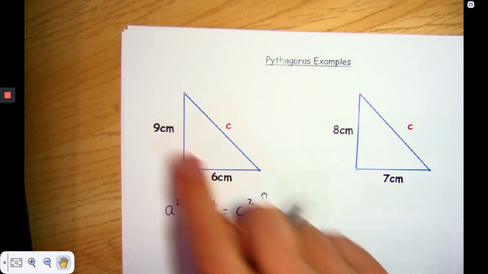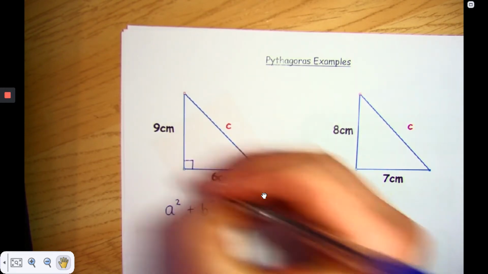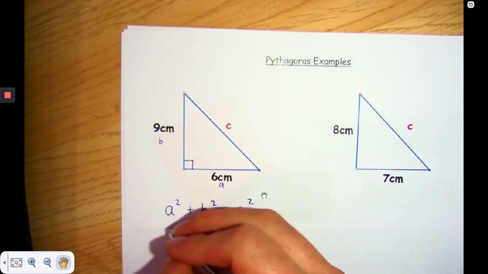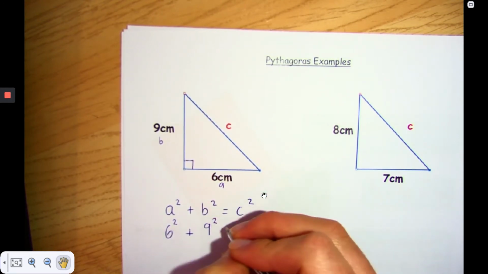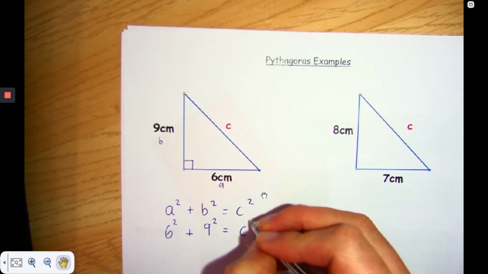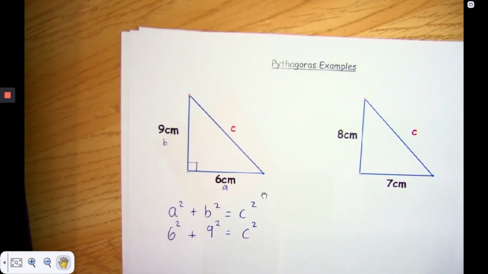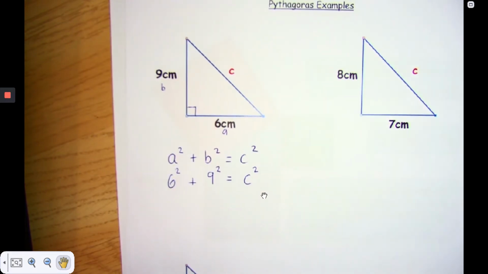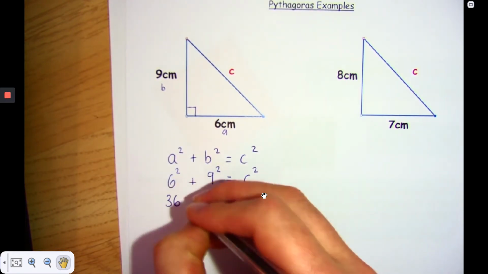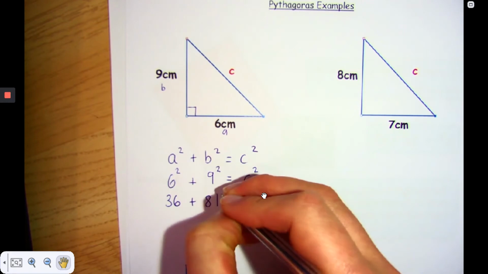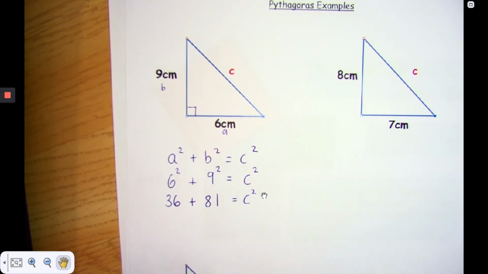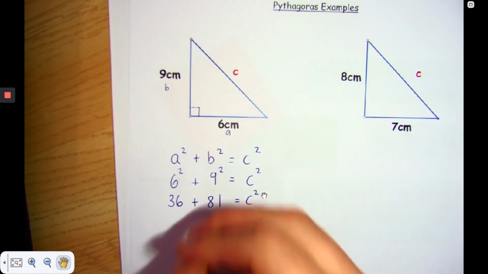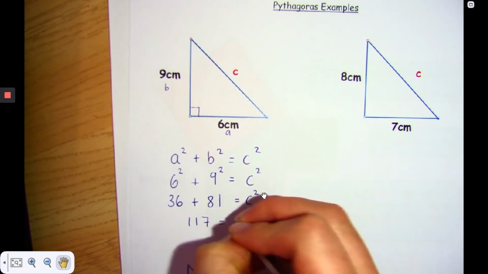So a squared would be 6 squared plus 9 squared equals c squared. Now we can work out what 6 squared plus 9 squared is, because 6 squared is 36, 9 squared is 81, and that would equal c squared. So we've got 36 plus 81, which is 117, and that equals c squared. So c is obviously not going to be 117.